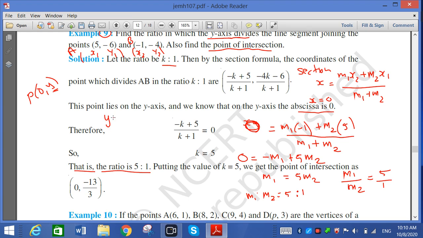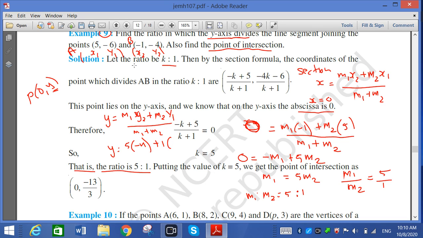Now y is equal to m1 y2 plus m2 y1 upon m1 plus m2. Now m1 we know is 5. y2 we can take from here, -4, plus m2, that is 1.